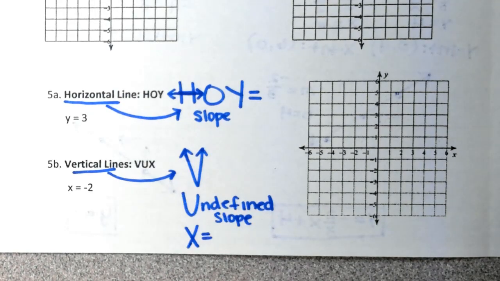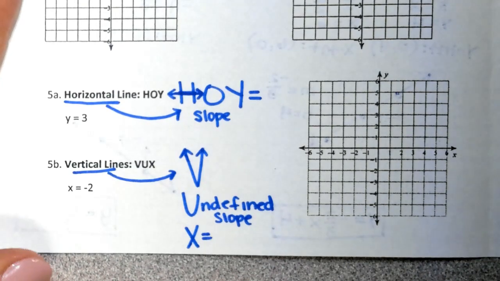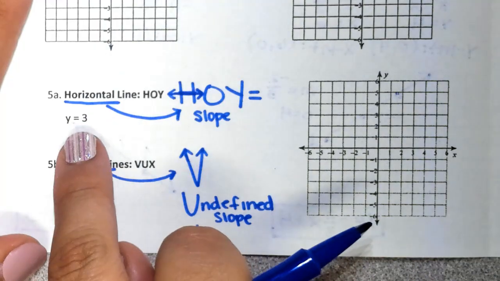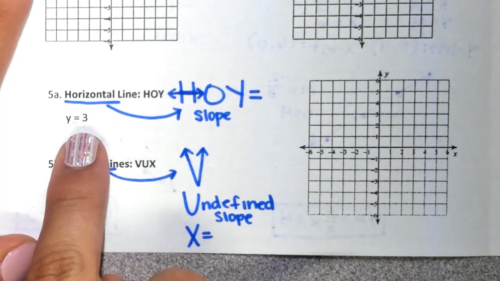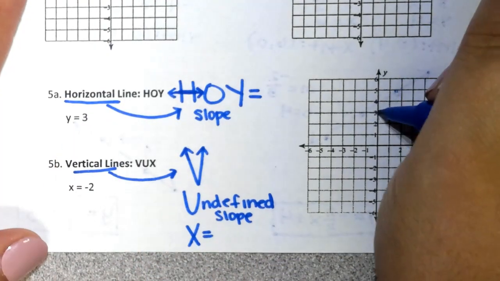If you have an equation that is y equals, let me let y'all write that down real quick. If you have an equation that's y equals 3, everybody go to the y, go to 3, put a point.